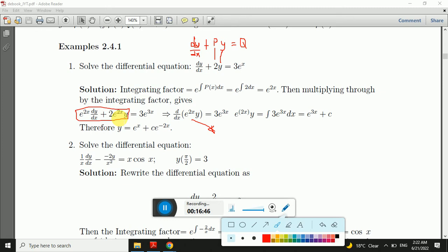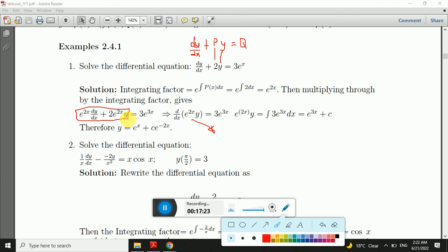Okay, so always take note, whenever you finish multiplying the given differential equation throughout by the integrating factor, try to think of which function was differentiated to give you this expression on the left hand side. At this point, your knowledge of differentiation and the product rule is very, very important.